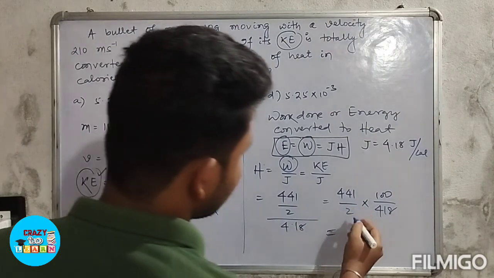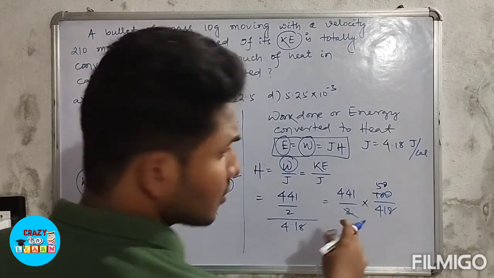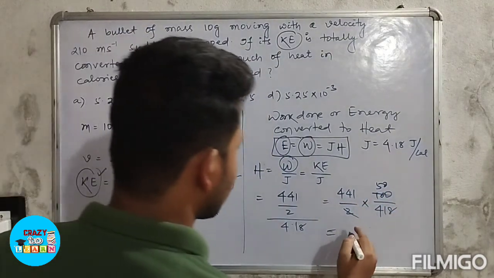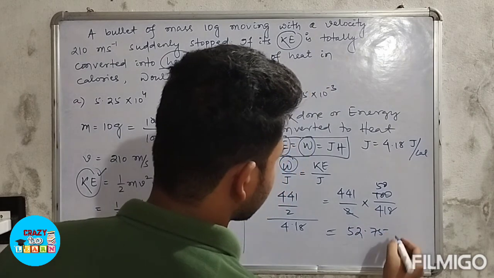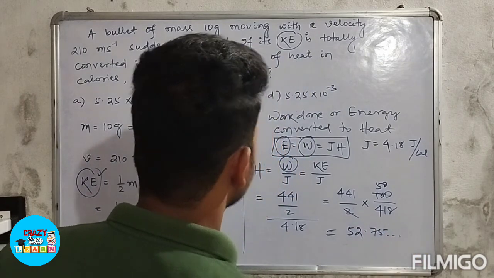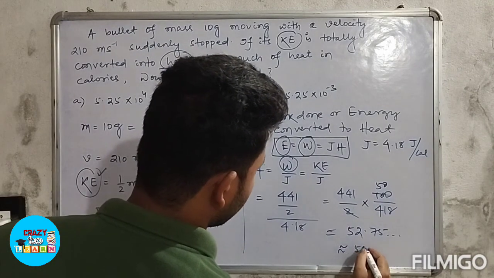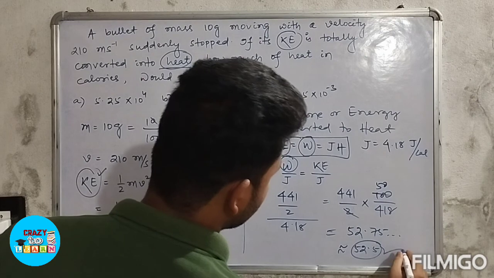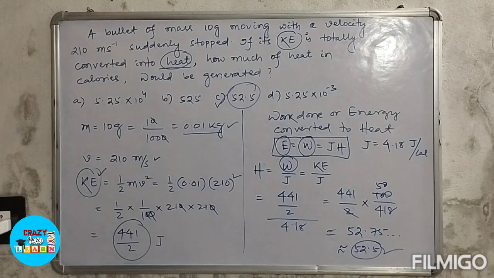When you cancel it out, we will get 52.75 something, which is approximately equal to 52.5. So option C is your correct one. Okay, option C is your correct one.